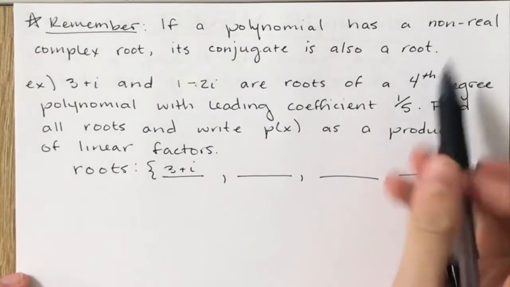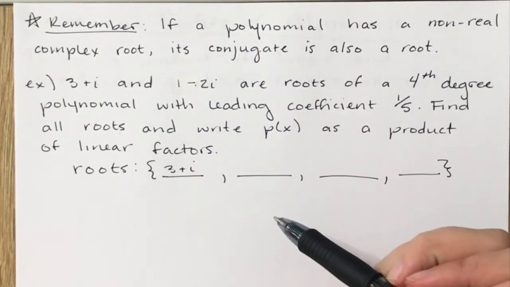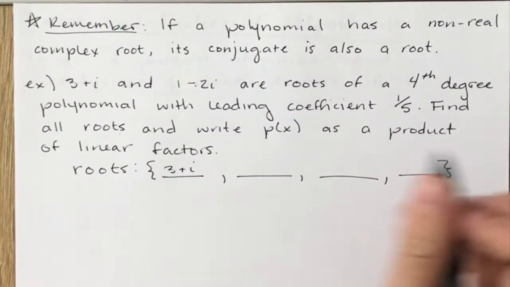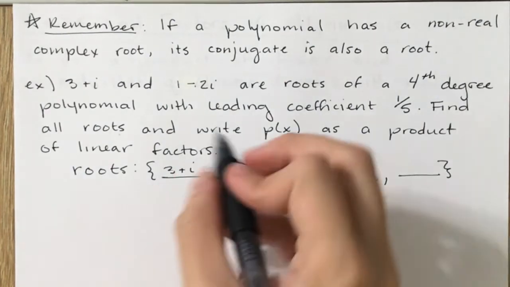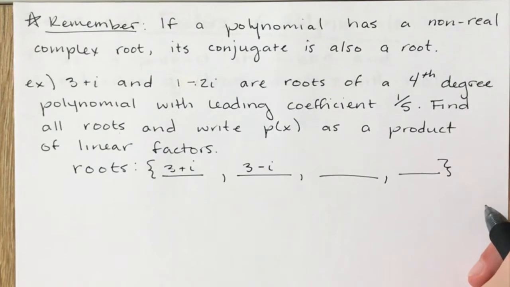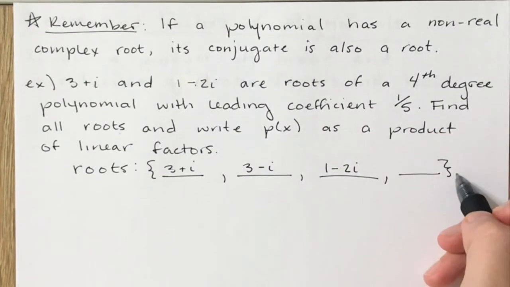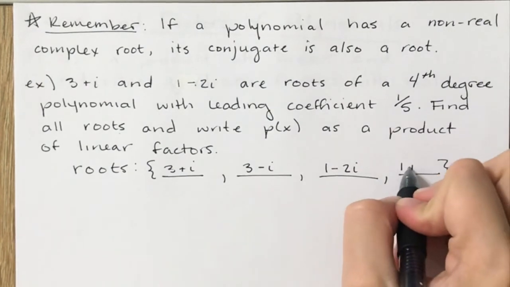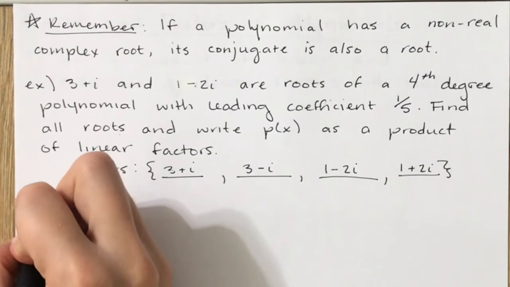But we also know our fact: if we have a non-real complex root, its conjugate is also a root. So what is the conjugate of 3 plus i? It's 3 minus i. We flip the sign on the imaginary part. Similarly, if we know we have the root 1 minus 2i, what's our last root? 1 plus 2i.